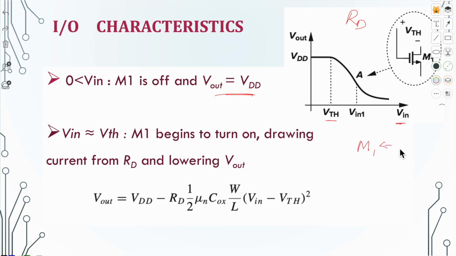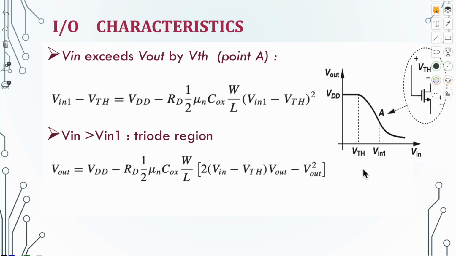You should note the point that M1 is in saturation, and so we can express Vout by this equation: VDD minus RD, the load resistor, times half mu n Cox, which is the drain current ID, mu n Cox, W by L, which is called the aspect ratio, times Vin minus the threshold voltage, whole squared.